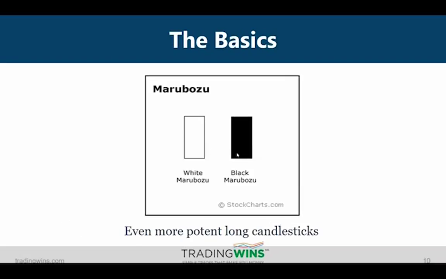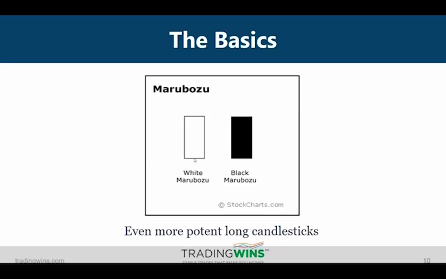Now, have a look at these two. The difference here, and again, forget the names. We don't need to memorize the names. All we need to understand is that this one, being clear or green, obviously closed higher than where it opened. The significance of it is that there were no wicks or tails.